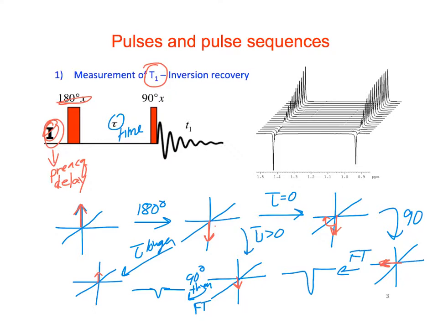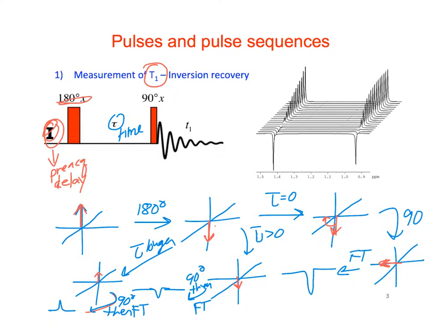Then we would do our 90-degree pulse, then Fourier transform, and what would we get now? It'd be a positive peak, right?